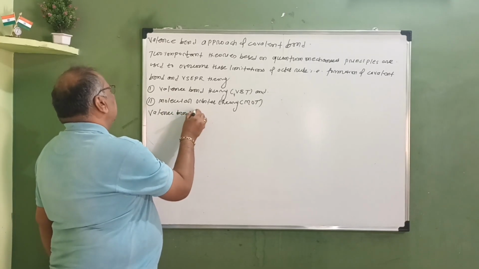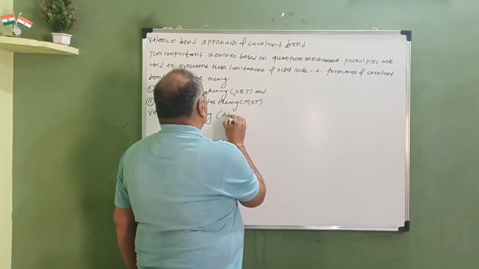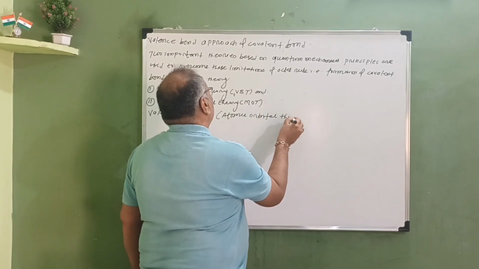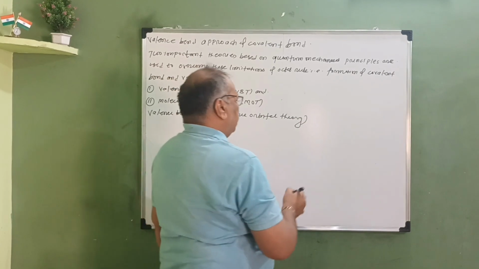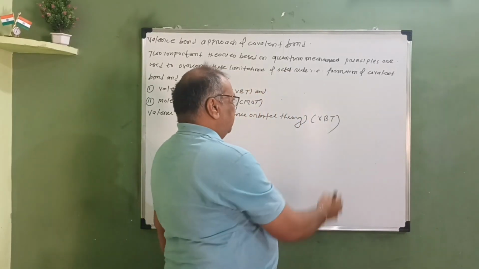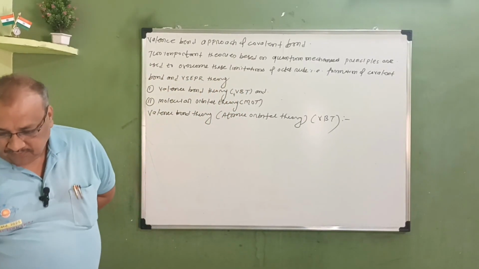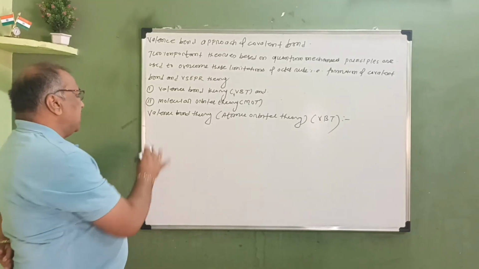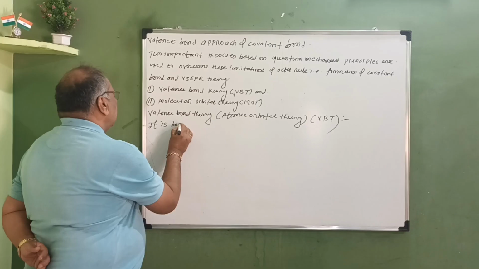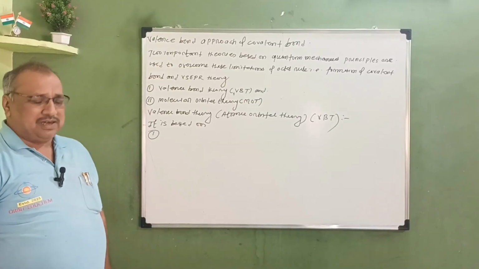which is also called as atomic orbital theory, VBT. Now here, valence bond theory or VBT is based on number one, knowledge of atomic orbital.